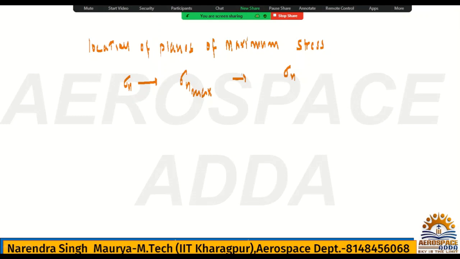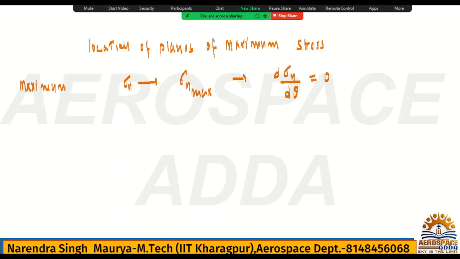Location of the plane means they are talking about theta, the orientation. So dou sigma n by dou theta, where theta is the obliquity, the angle from the vertical plane, should be equal to 0. If you differentiate with respect to theta and make it equal to 0, this condition will be called the maximum condition.